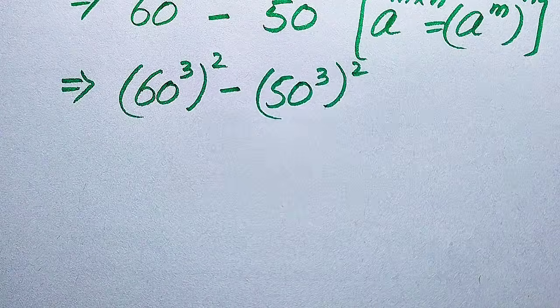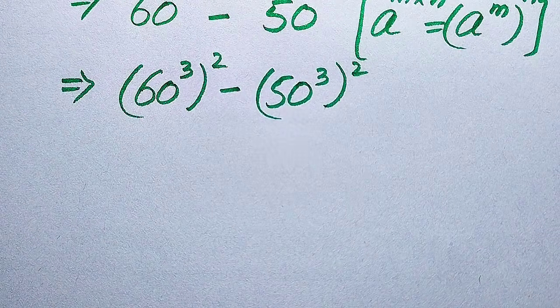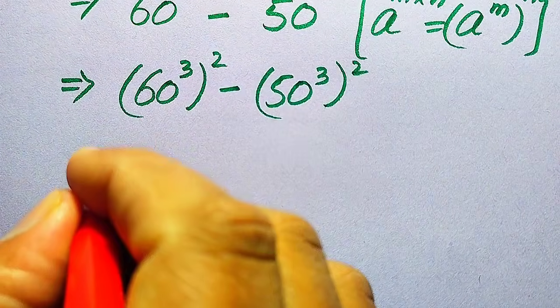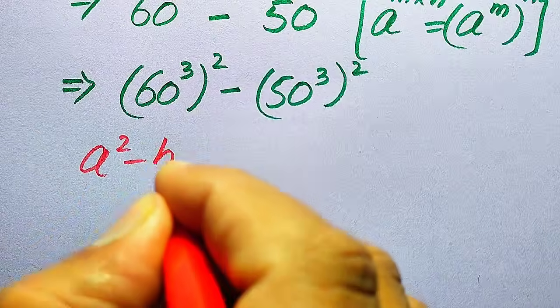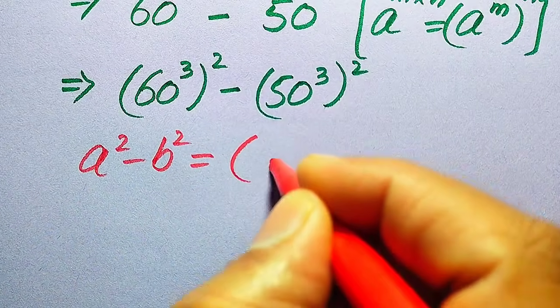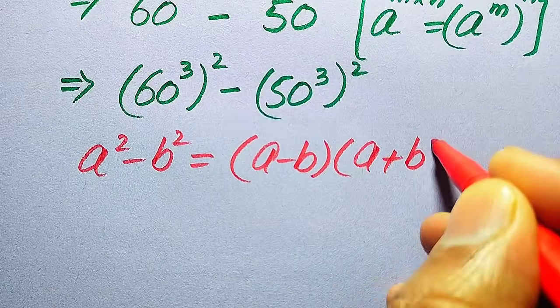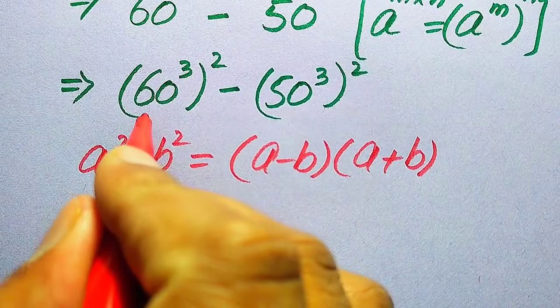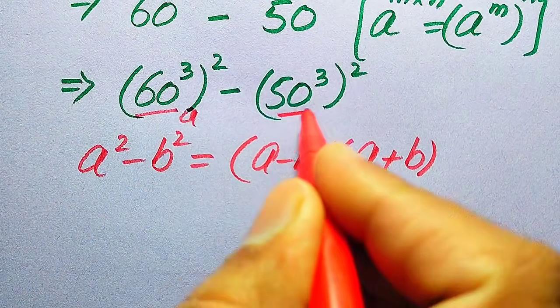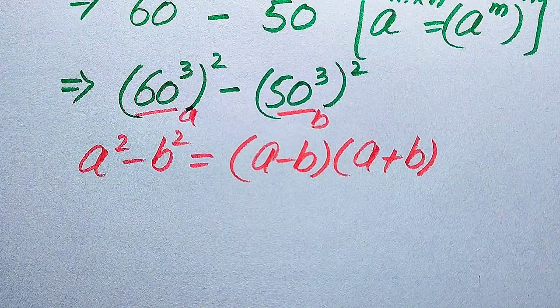And here we need to use the algebraic formula: a square minus b square is equal to a minus b times a plus b. According to this, the base of this term is our a and the base of this term is our b.